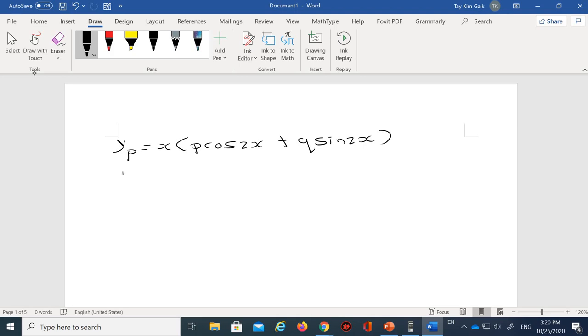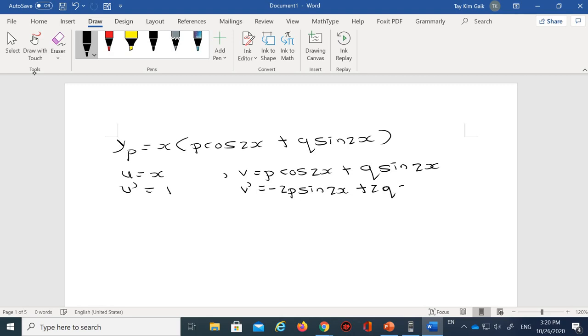To find y prime p, you use the product rule where u is x, u prime will be 1, v is your p cos 2x plus q sin 2x. So your v prime, differentiating p cos 2x and q sin 2x, is negative 2p sin 2x plus 2q cos 2x.